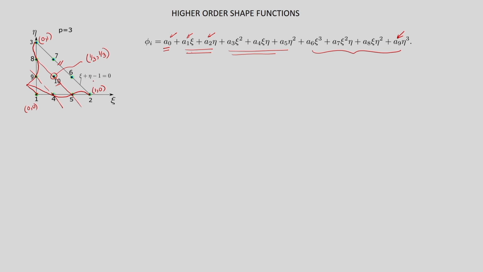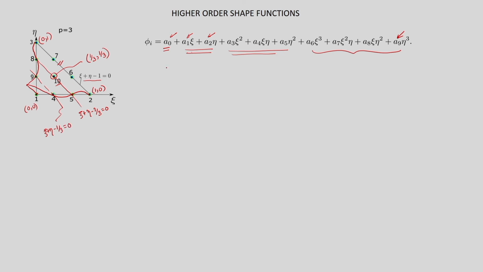The definition of the first one is xi plus eta minus 1 equal to 0. For this straight line, the definition will be xi plus eta minus 2 by 3 equal to 0, as the coordinate of 5 is 2 by 3 comma 0. Similarly for this one, xi plus eta minus 1 by 3 is equal to 0.